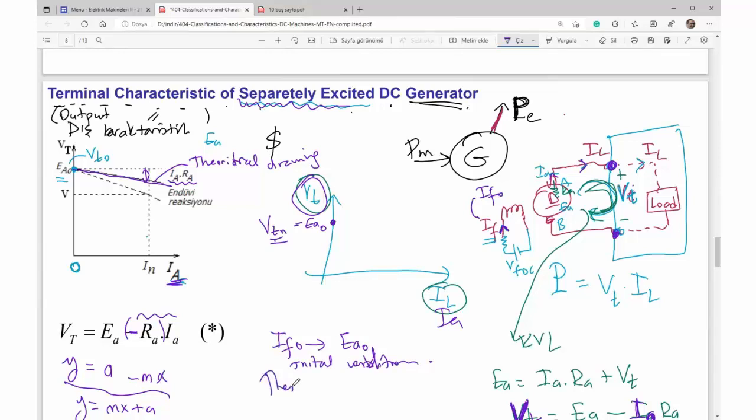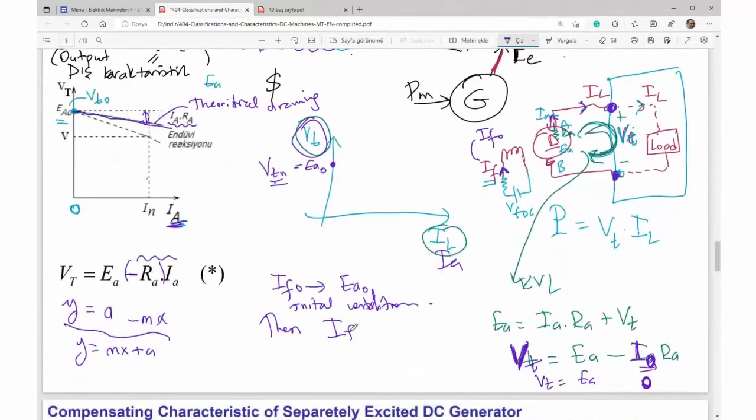Then I make no adjustment on field current. I kept the field current constant at its original starting initial value. And then we observe terminal voltage by changing load current, which is equal to armature current in this case.